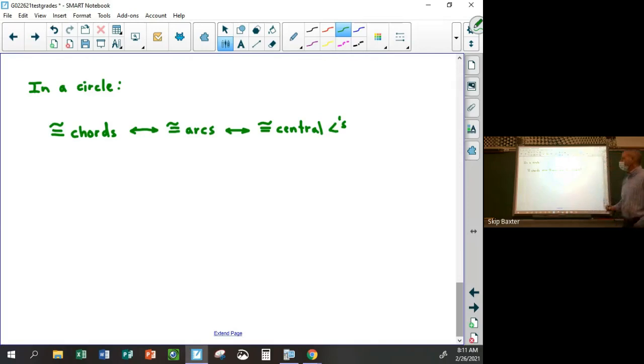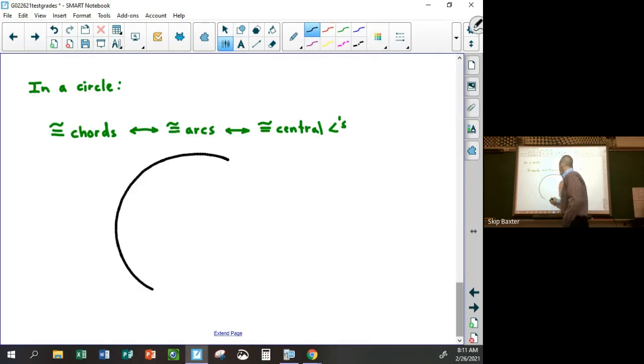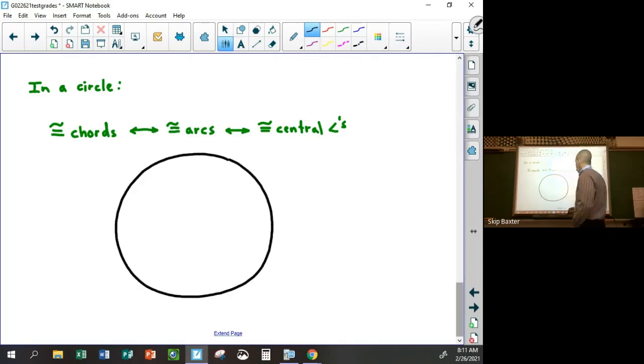So maybe that's a little bit confusing the way I wrote that, but here's what I mean. If I have a circle like this, and I have two chords that are the same length, but different chords. So for example, let's suppose I have a line segment connecting these 2 points, and then a second chord over here connecting these 2 points. And these 2 chords are the same length.